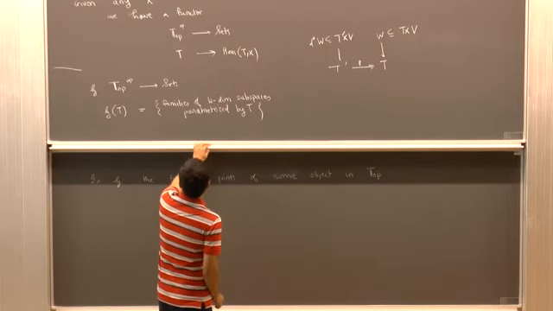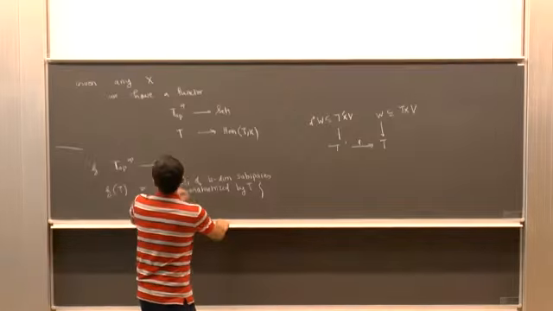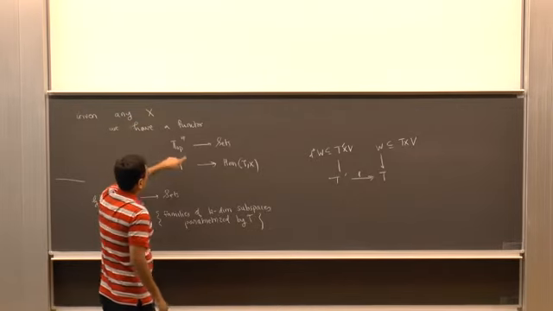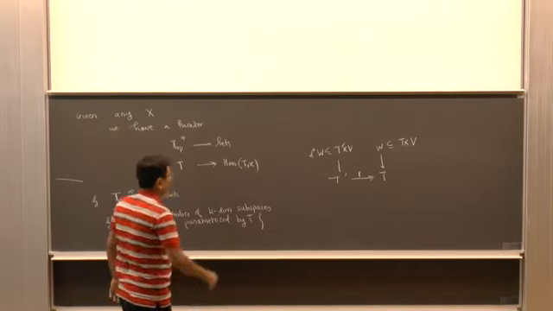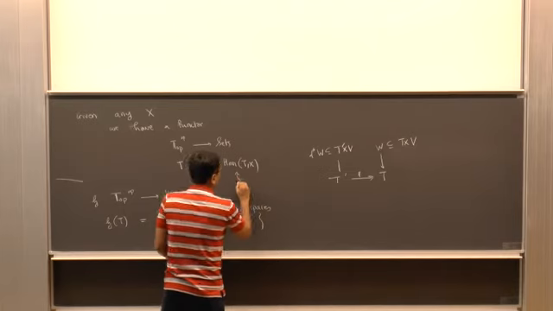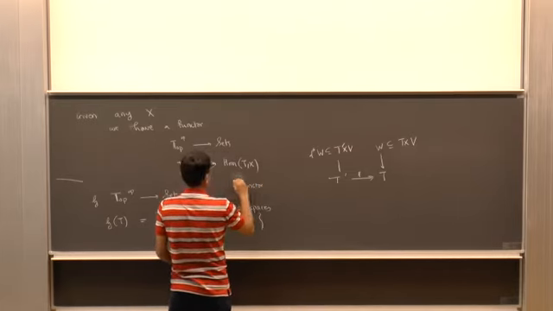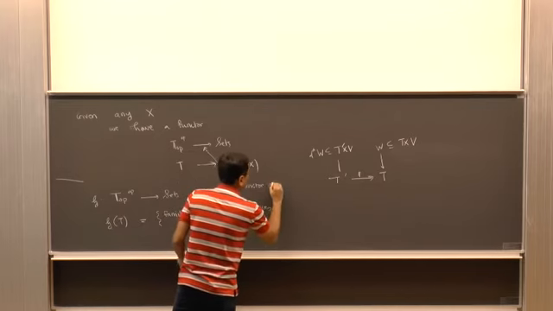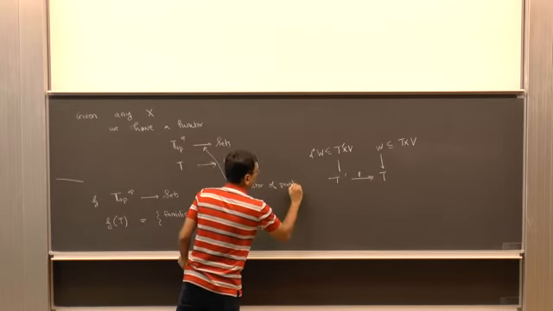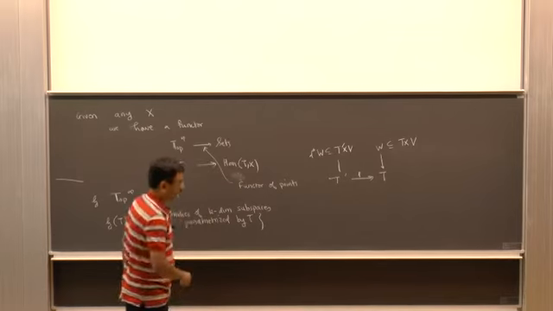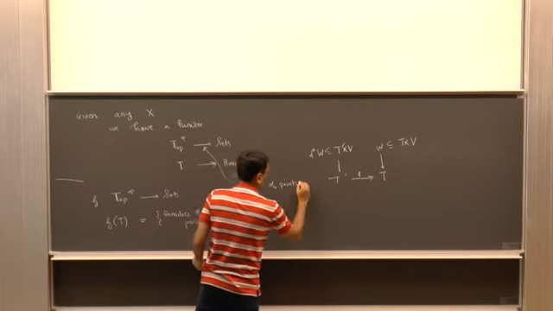I'll just define what this is. Given any topological space X, this functor Hom(-, X) is called the functor of points defined by X.